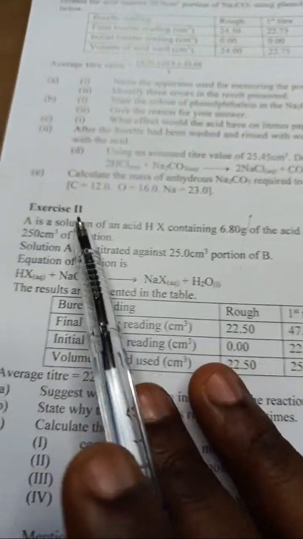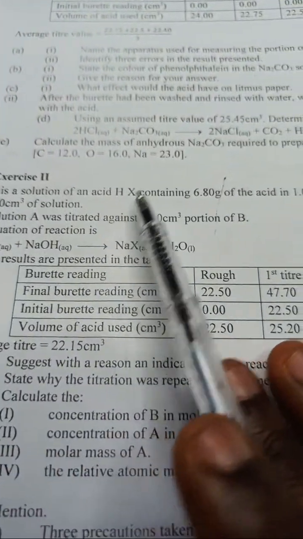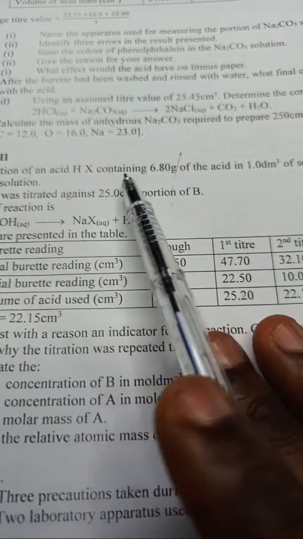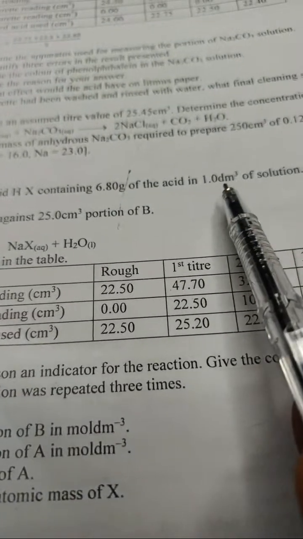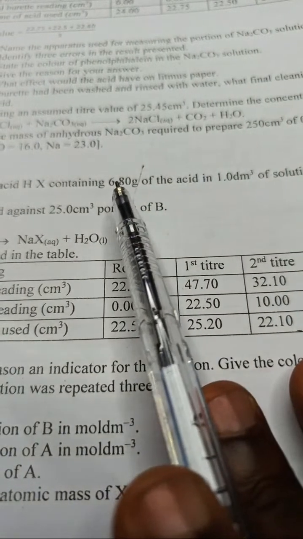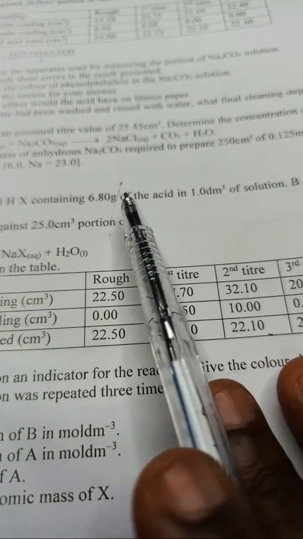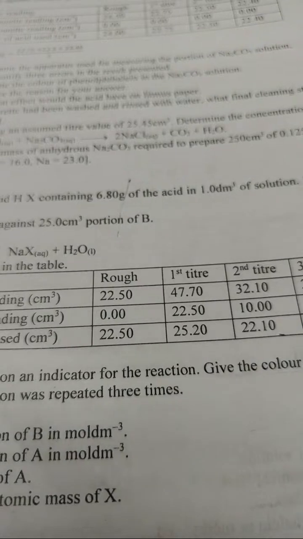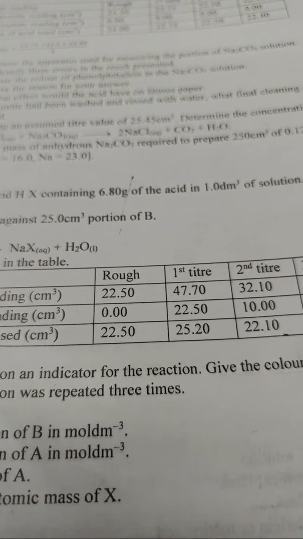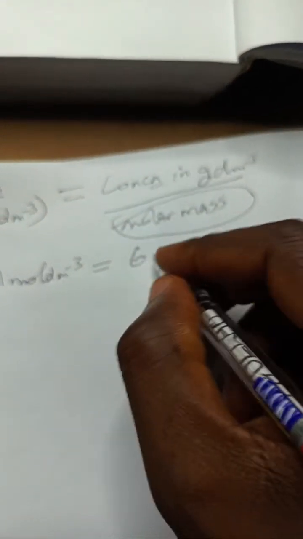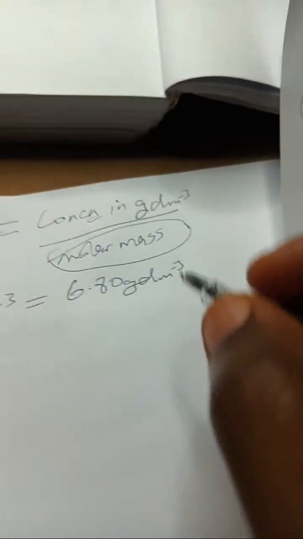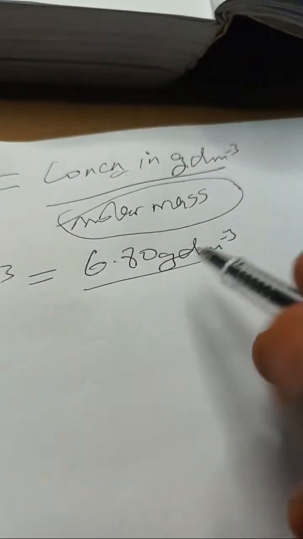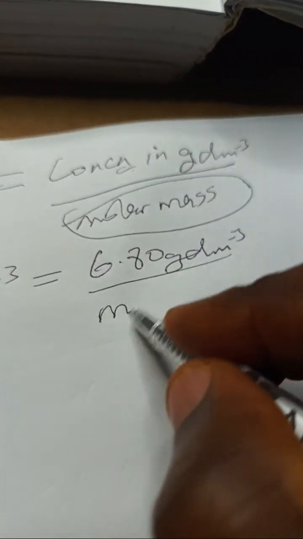A is a solution of an acid, HX, containing 6.80 gram of the acid in 1 dm cube. That means that's 6.80 gram per dm cube. So anywhere you have gram per dm cube, you can slot in 6.80, divided by molar mass.